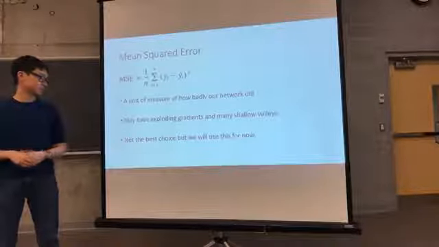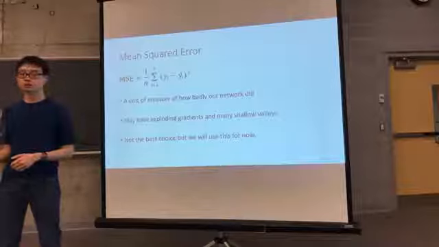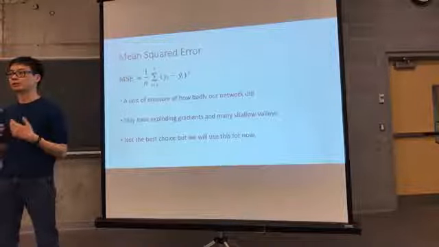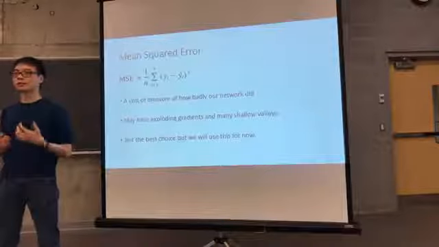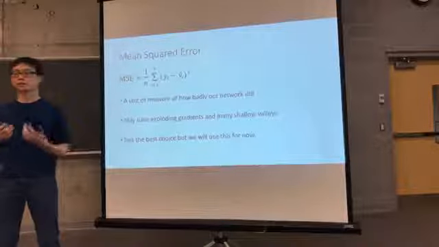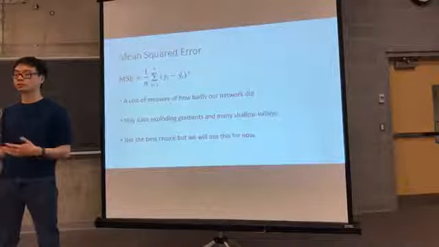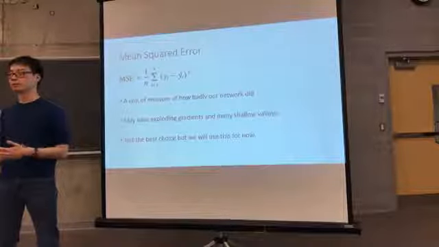So over here it says it's really not the best choice, but we will stick with this for now because we're learning and we're starting out. I think the mean squared error is actually a very good function for us to use for interpretability.